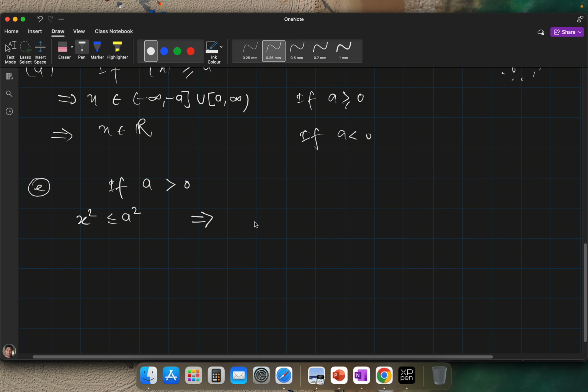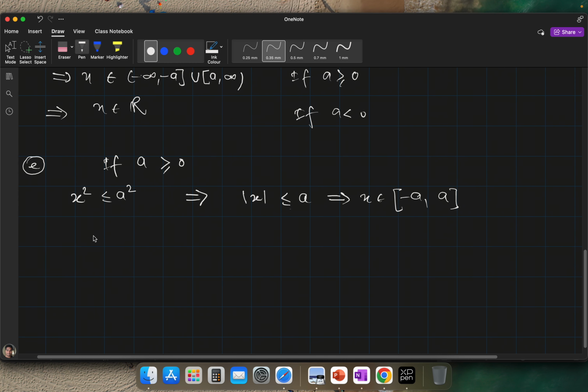Here I can also write it as mod of x is less than a. This inequality is nothing but this, which means that the solution set will be what? Minus a to plus a. Okay, I have already done this.